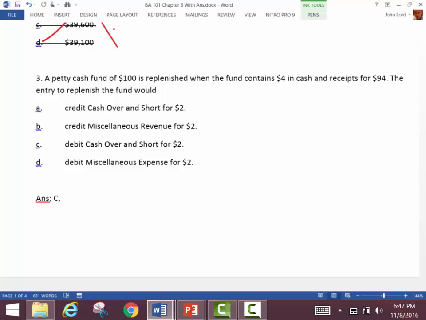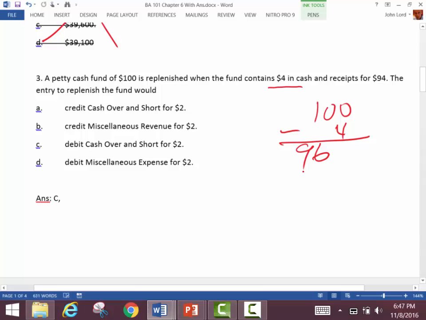And so what happens? If there is $4 cash and I'm supposed to have 100, how much more cash do I need in there? I need $96 more cash, don't I? Okay, so I know I'm going to credit cash for what? For 96, and then they tell me that there are receipts in there for how much?